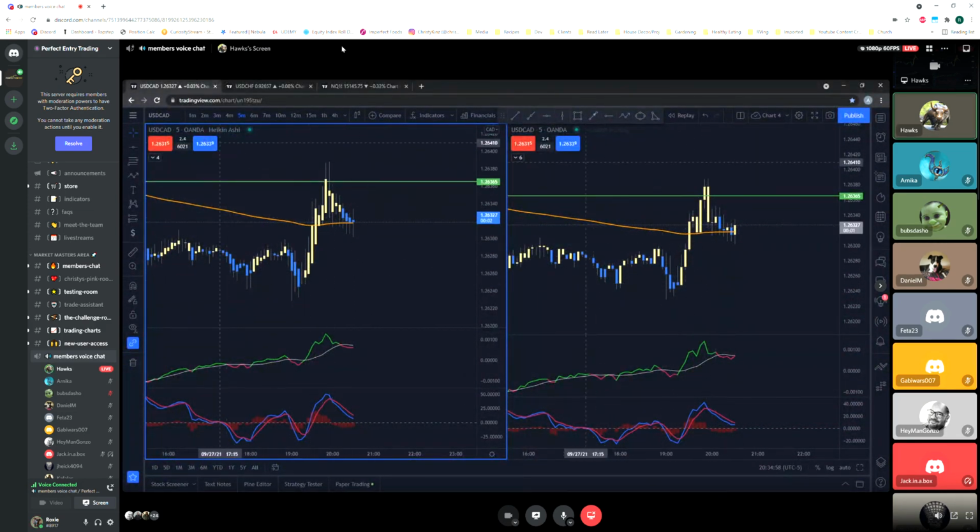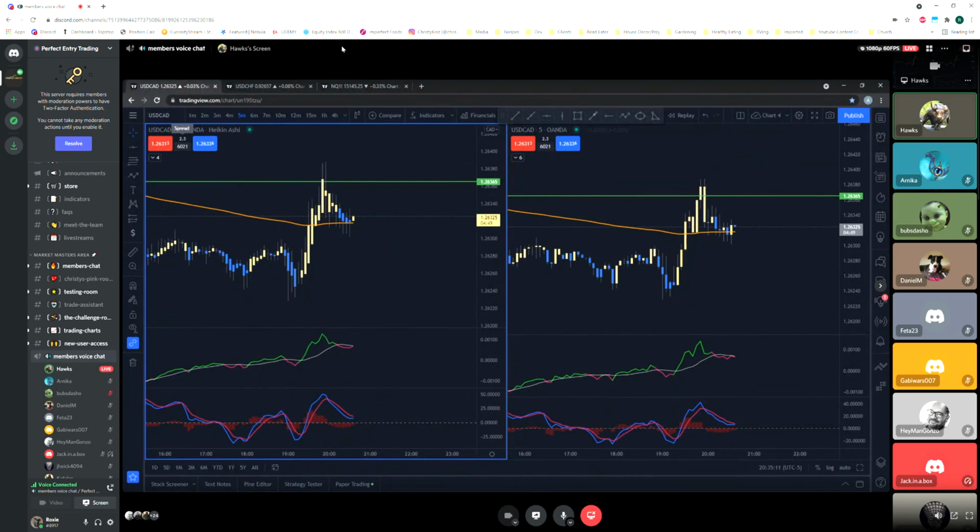So this one might be delayed, my fault, because it is Oanda right here. I have CME. So this is probably a little bit delayed if somebody's looking at their chart on their computer, but this right here is the spread. They always mark it right between the buy and the sell buttons on TradingView. This is where you know where the spread is at, just in case anyone's wondering.